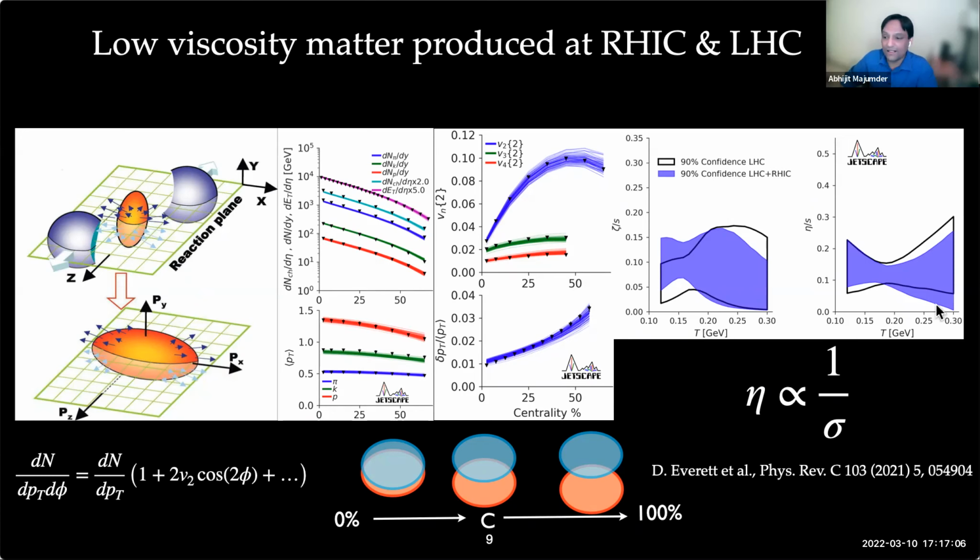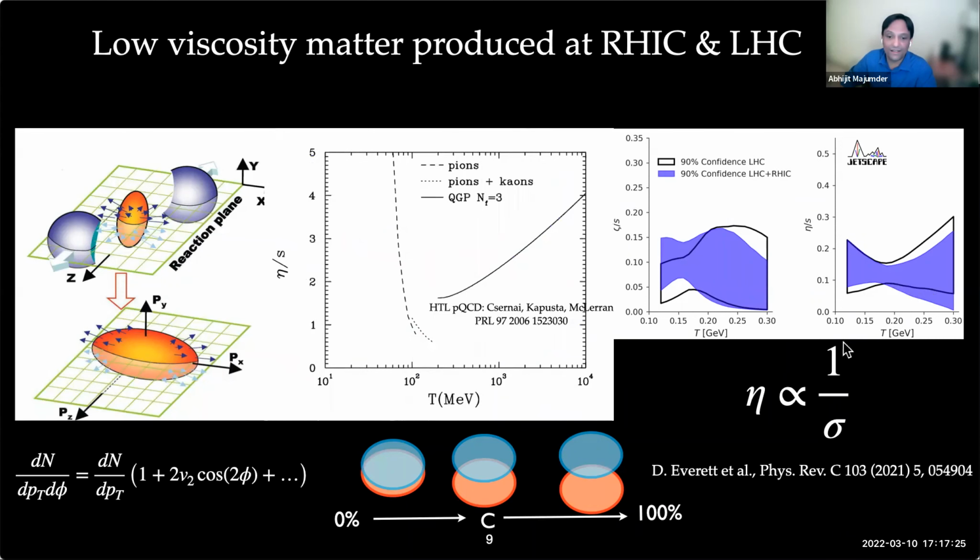And so some results here from the JETSCAPE collaboration for bulk and shear viscosity, and I'd like you to focus up here on the shear viscosity. You find that it is quite low, very close to the bound set from AdS/CFT. Here is another plot from Charnay, Kapustin, and McLaren, showing what one expected theoretically by extrapolating known theories from some years ago, and the experiment.